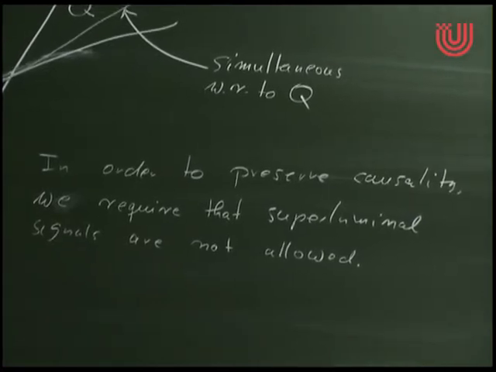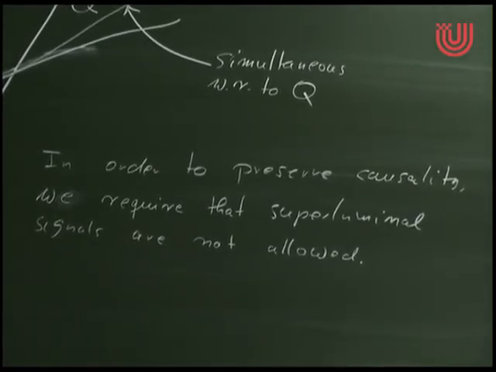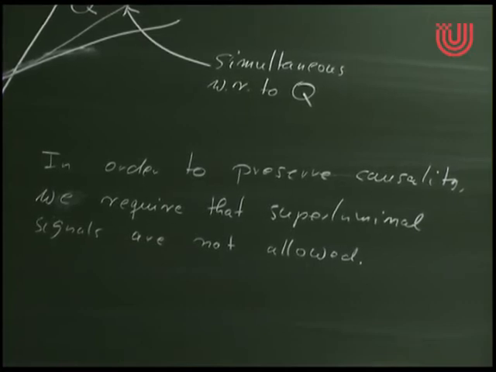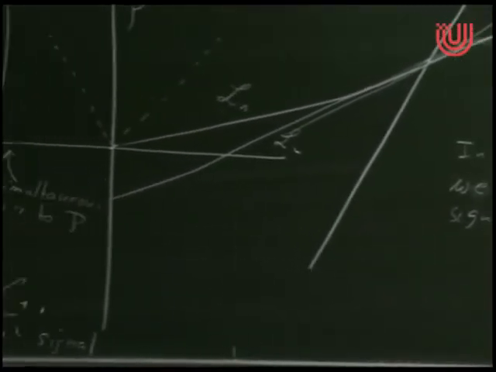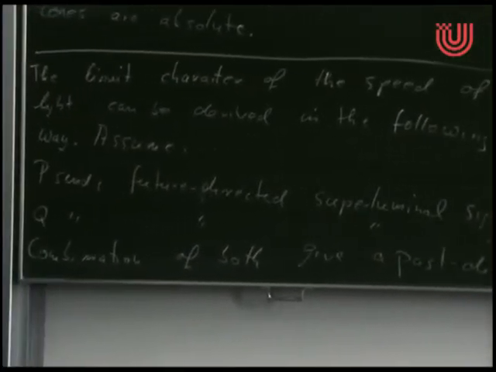Actually, I think you all know that half a year ago, people claimed that they had discovered such superluminal signals. Yeah, these OPERA people, they claimed that with their experiment they had sent neutrinos at a superluminal speed from one place to another.